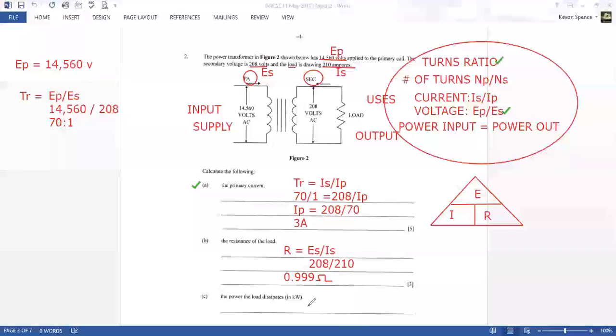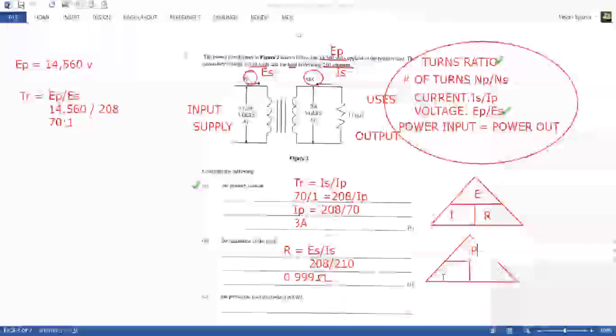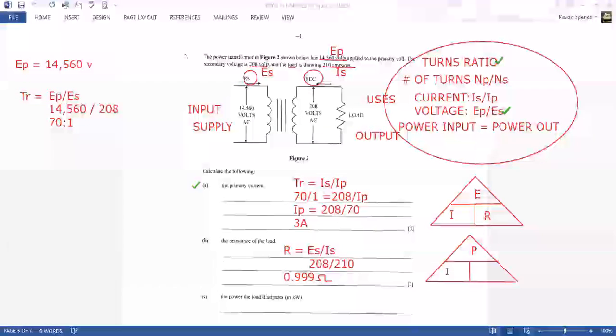And part C asks us to find the power the load dissipates in kilowatts. To calculate power, we again go back to our familiar power triangle. We put P on top. We have I, and we have E. So again, we're on the load side.